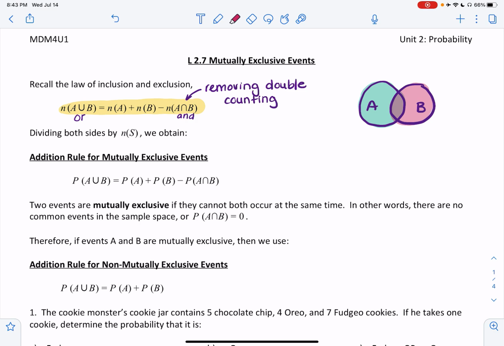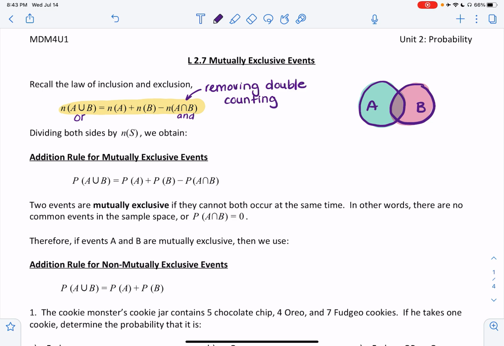I highlighted it once when I highlighted the A part green, and then I highlighted it a second time when I highlighted the pink part. So we've accidentally counted this 2 times. Therefore, we have to subtract it.